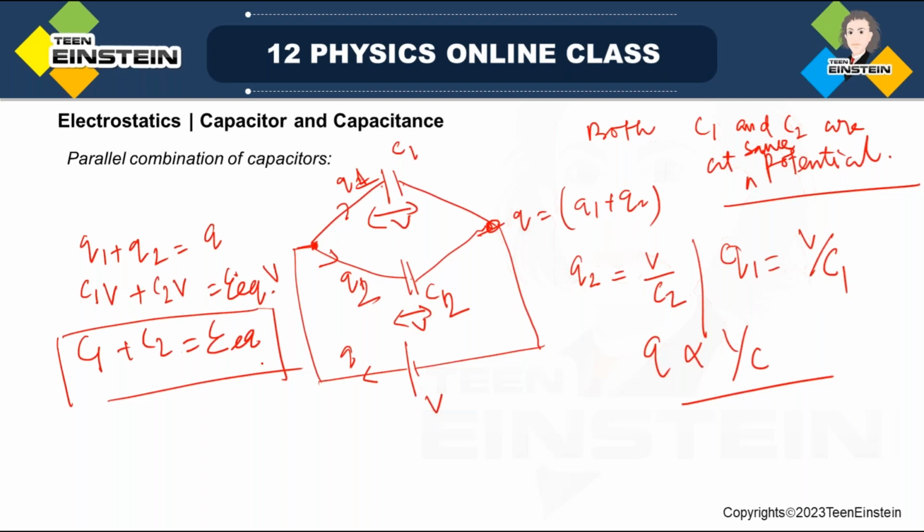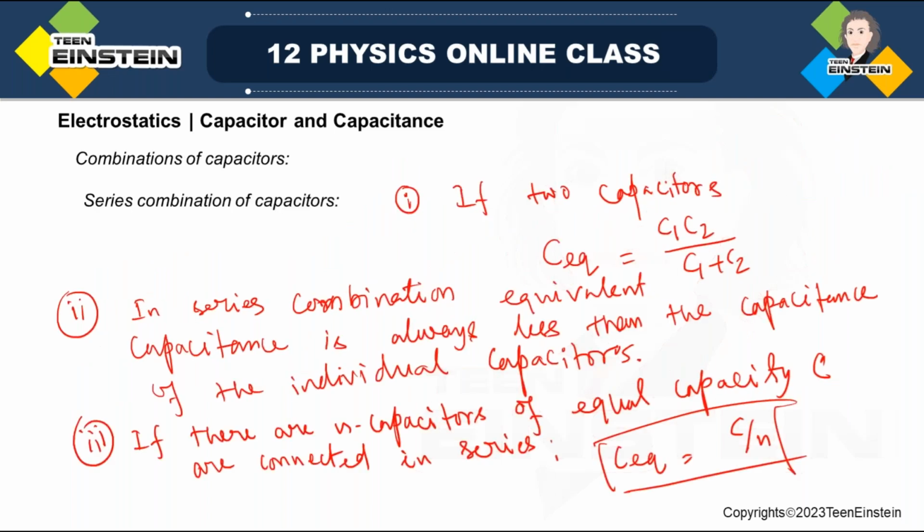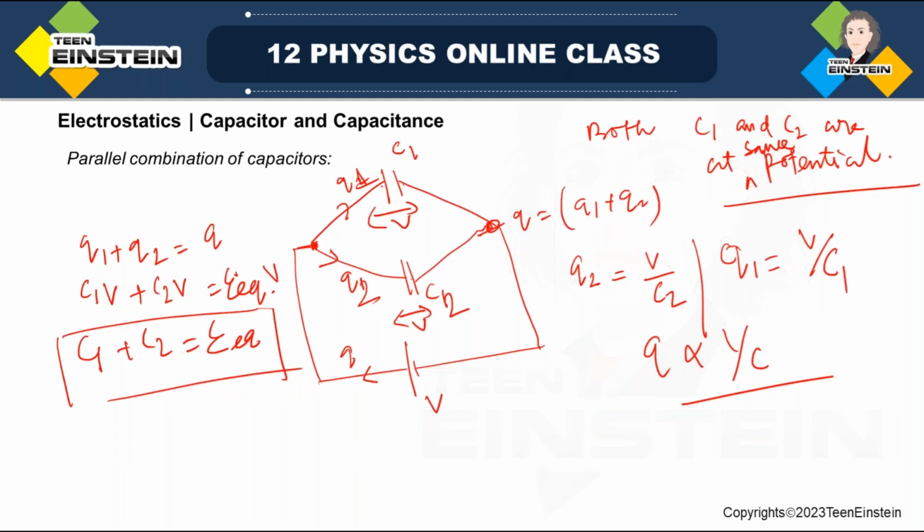Now we can take small examples. We have derived these equations for two capacitors, but there could be a number of capacitors in a combination. So for the parallel case, it will be C1 plus C2 plus and so on.